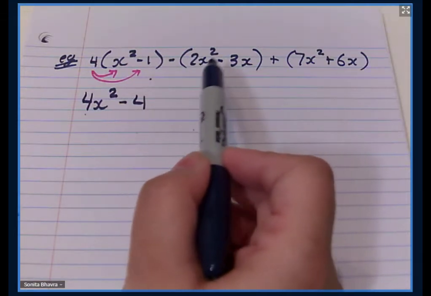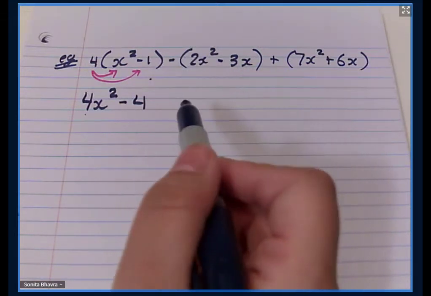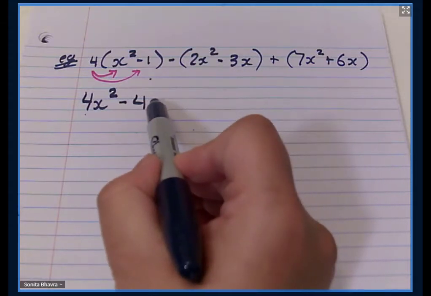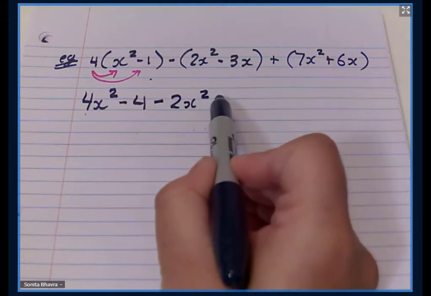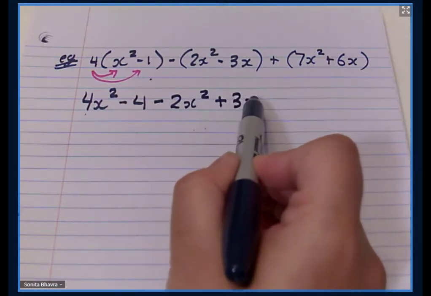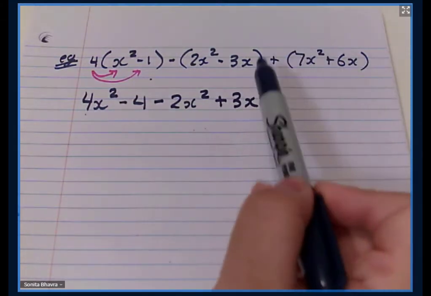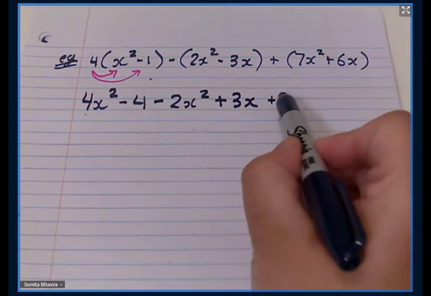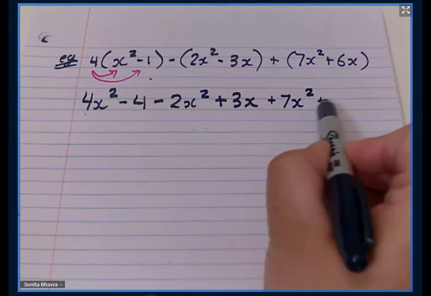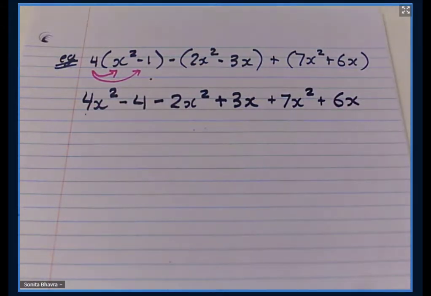And basically it just changes our signs. So it's going to become minus 2x squared and then plus 3x. And our last bracket, all we have to do is open up the bracket. So plus 7x squared and plus 6x.